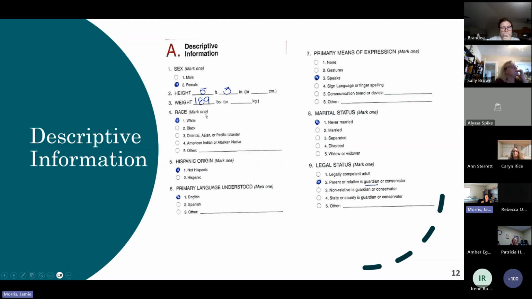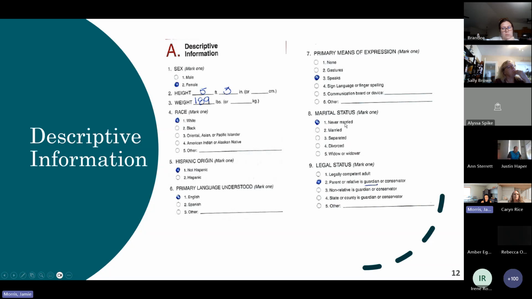In that, you will see that her height and weight are here, and we can look in the document to find that. For the race, she most associates with white, and she is not Hispanic. Her most understood language is English. She is speaking, of course, that's her mode of expression.